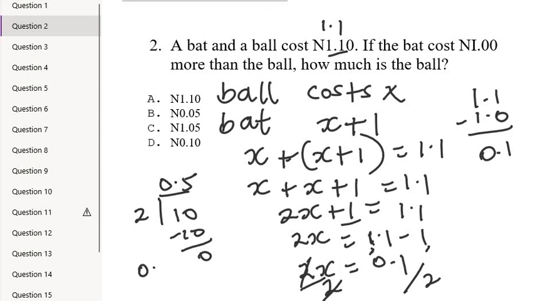Okay, so this 5 is 1 divided by 2 without a point. But this decimal point here, we have one decimal point, so we'll move one place and put a point here. So our answer will be 0.05. That's the cost of the ball, which is B.